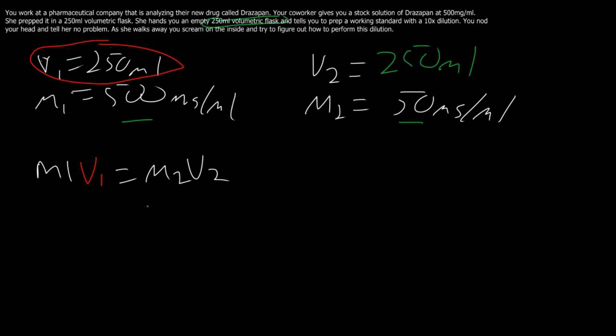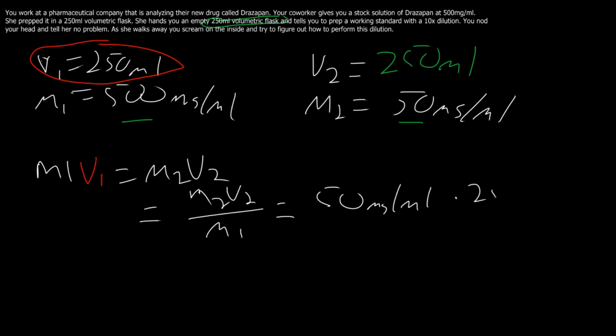This again, move over the M1, and then I plug in the numbers, so I have 50 mg per mL, and that's times 250, and divided by 500. Well, this is 250 milliliters, and this is 500 mg per mL.